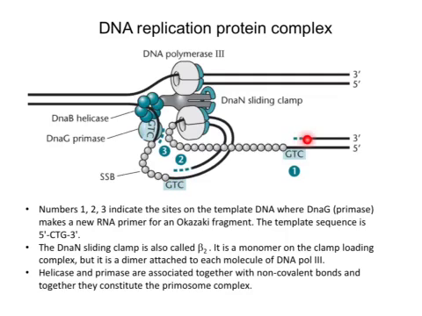So the RNA is shown here as a dashed line in blue, and that's the RNA primer that was made by primase. DnaN is the sliding clamp, and that's also called beta 2, as I said in the previous slide.